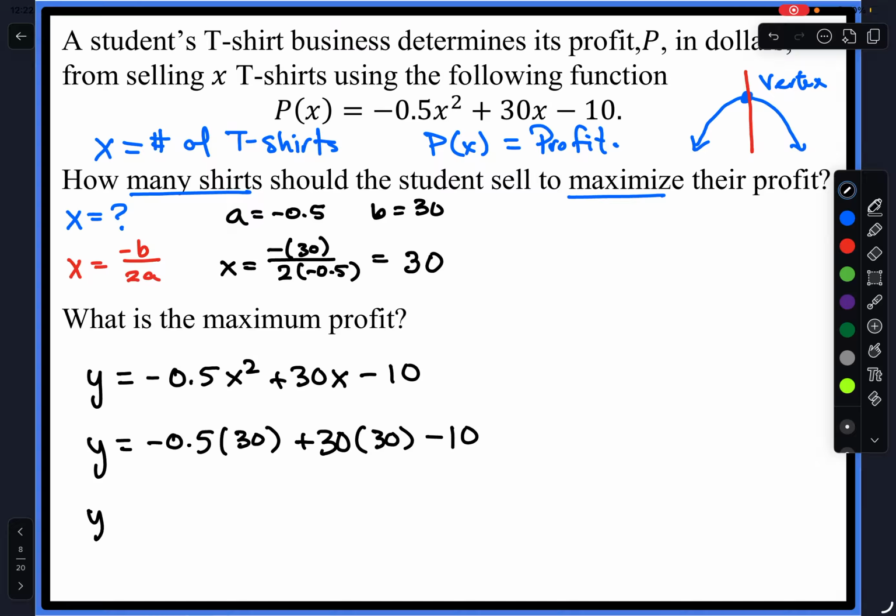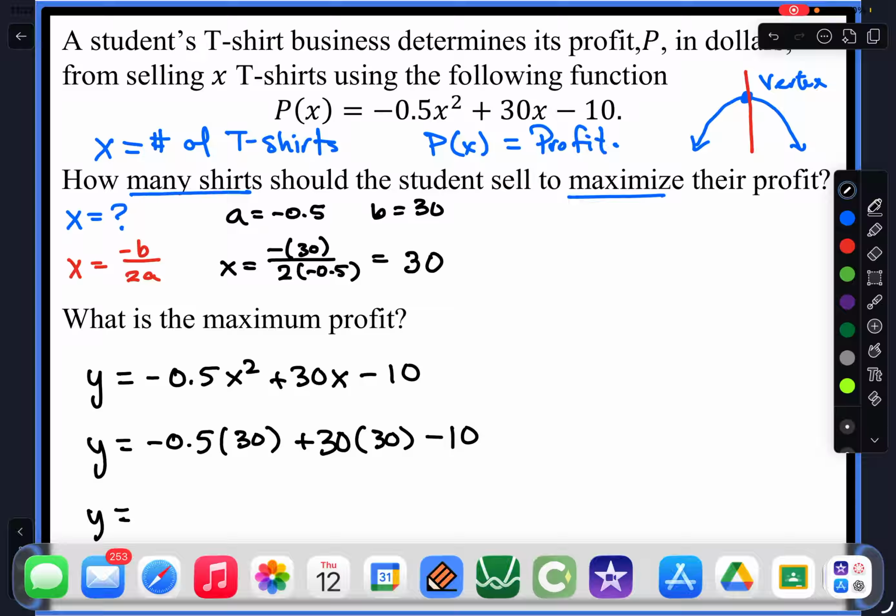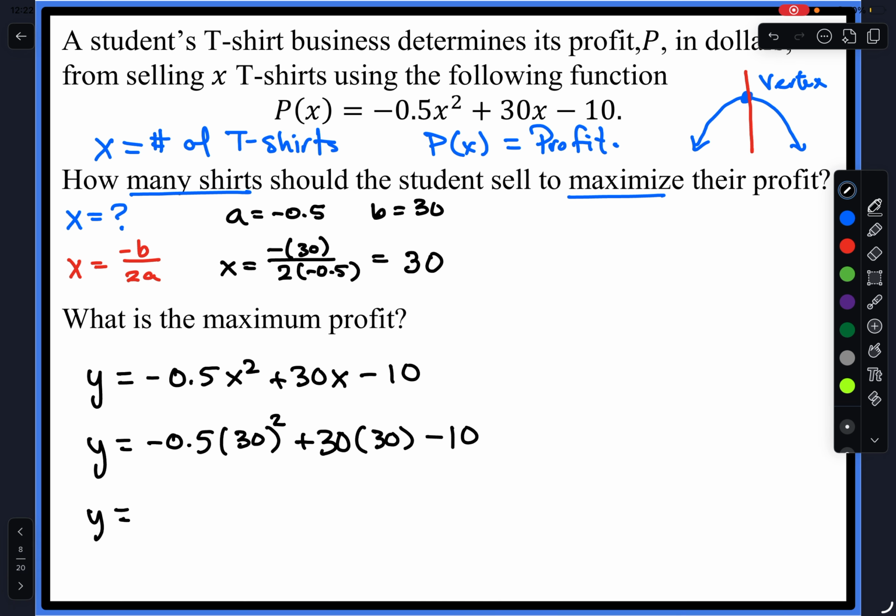And let's do this calculation again just by plugging into decimals. Oh, this should be a square. Cannot forget that.